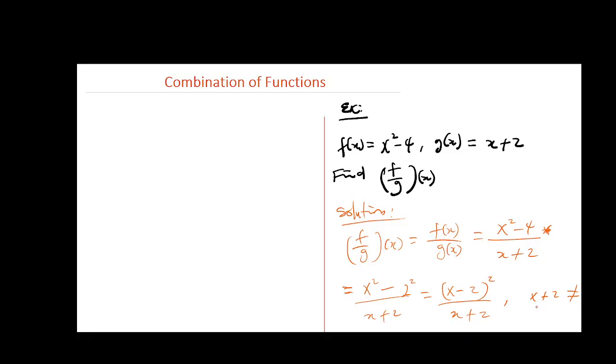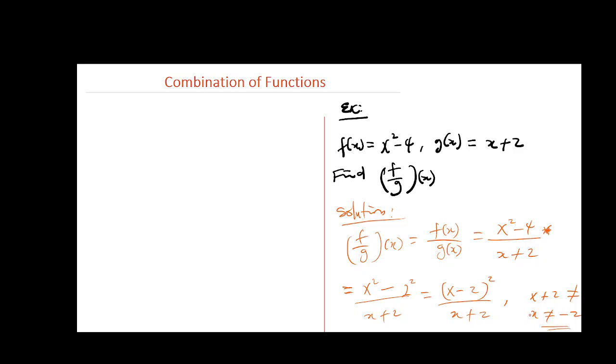Remember the restrictions, you can't divide by 0. And for this not to equal 0, our x cannot equal minus 2, right? Because if x is minus 2, if we replace x with minus 2, we are going to have minus 2 plus 2, and that will give us 0. So let's make sure that we keep the restrictions in mind.